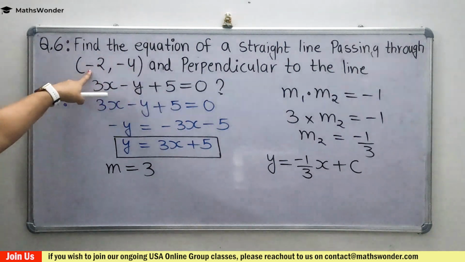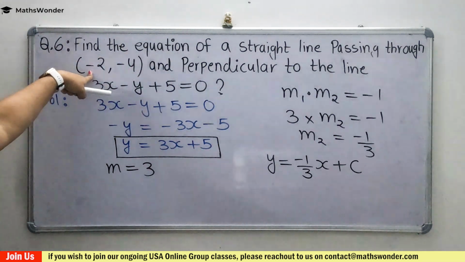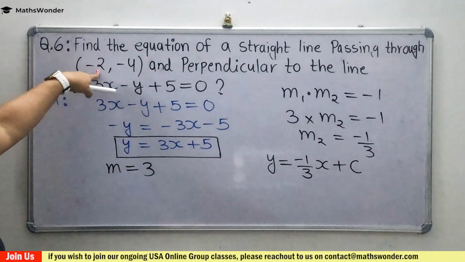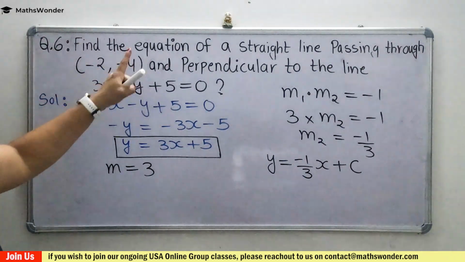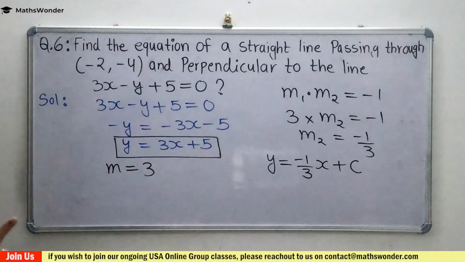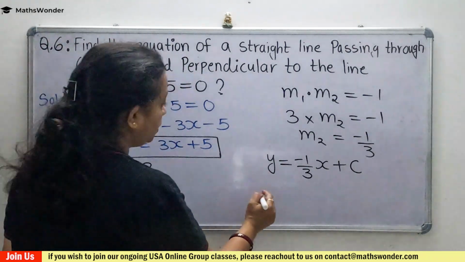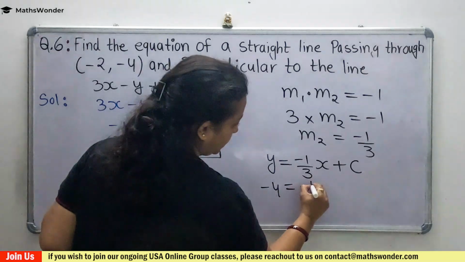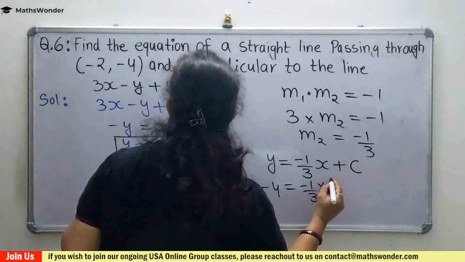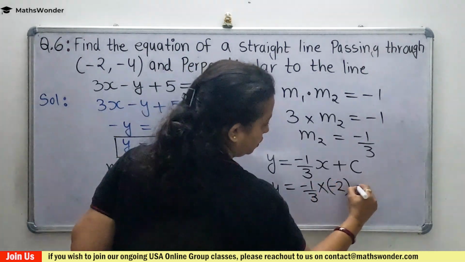That means -2 belongs to the x-axis, -4 belongs to the y-axis. Both are negative. So now you will substitute in this: y is -4 and x is -2.